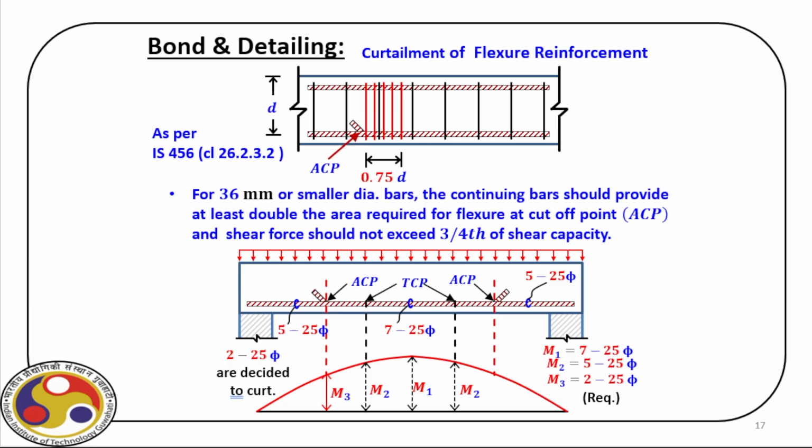So as you can see here, this is the actual cutoff point. Over this region, we have this additional shear reinforcement, and the distance is 0.75 D. Now, for 36 millimeter or smaller diameter bars, the continuing bars should provide at least double the area required for flexure at the cutoff point ACP, and the shear force should not exceed 3/4 of the shear capacity.